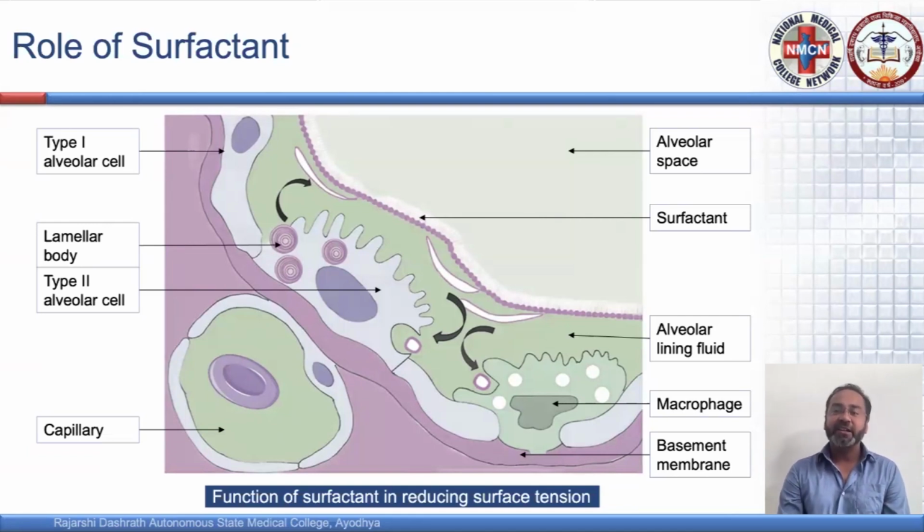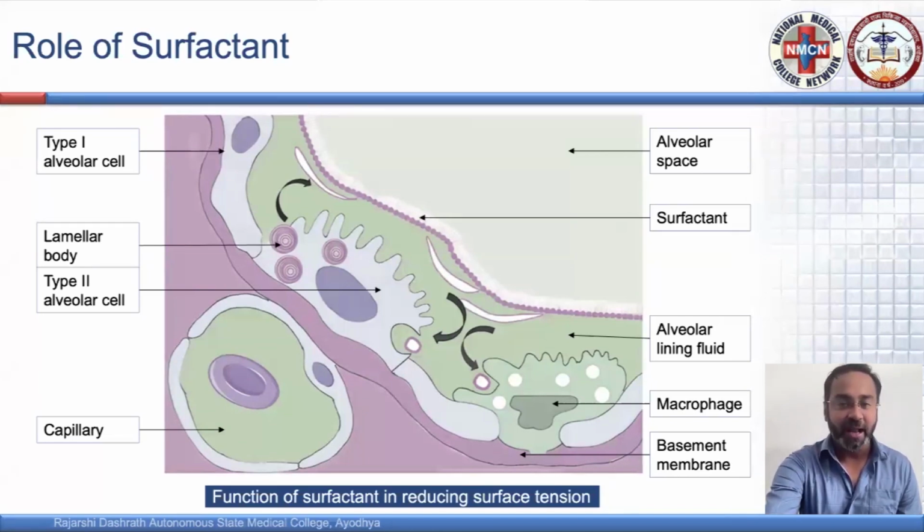In certain conditions in which type 2 pneumocytes don't secrete surfactant, this leads to collapse of the lung, called acute respiratory distress syndrome, a disease seen in patients which don't have surfactant. The importance of surfactant is to decrease the surface tension by removing the interface of air and water, and this is how surfactant acts.